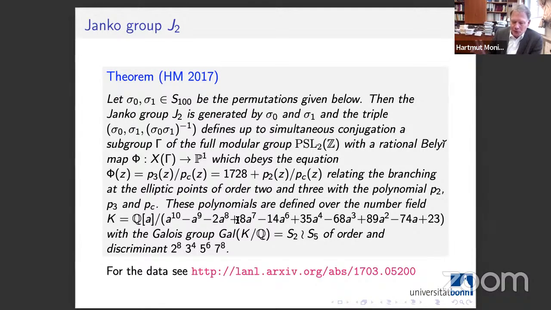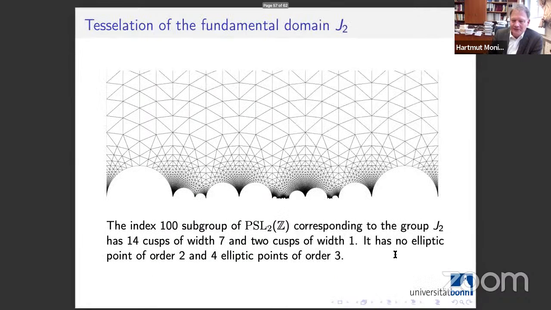And the number 2, the S2, actually comes from the fact that we have two cusps of width 1. We have chosen one of these cusps to be at infinity, and we break the symmetry between these 2 points. These two cusps of width 1 are equivalent up to now in the group theory.